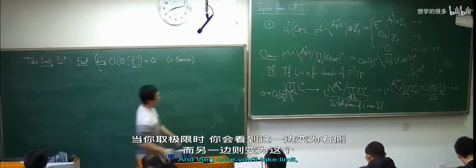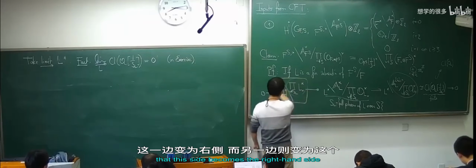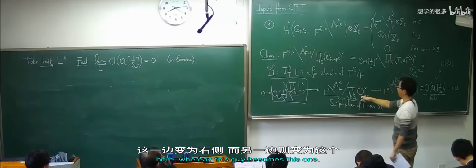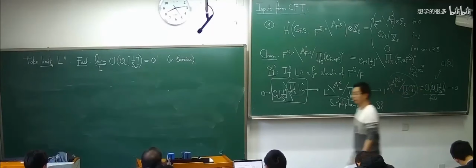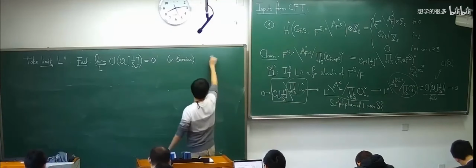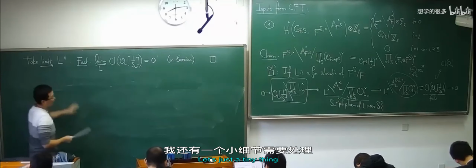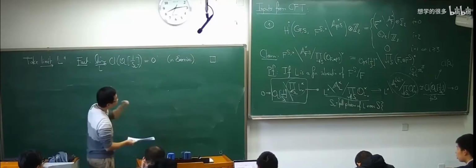And then once you take the limit, this side becomes the right-hand side here, whereas this guy becomes this one. So I'm done. That's just a tiny thing I have to handle.